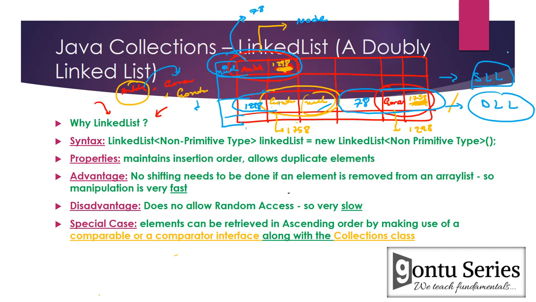But this facility is not available in SLL. In SLL, you can always move only in the forward direction. But in DLL, you can move forward and also backward. So this is the concept of a linked list.